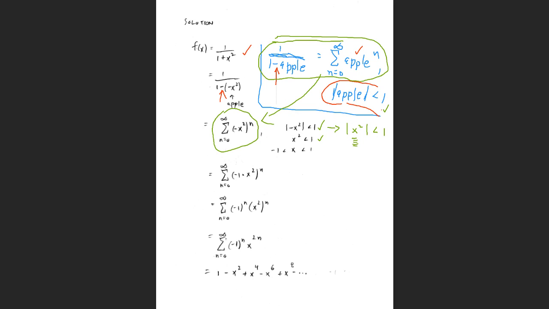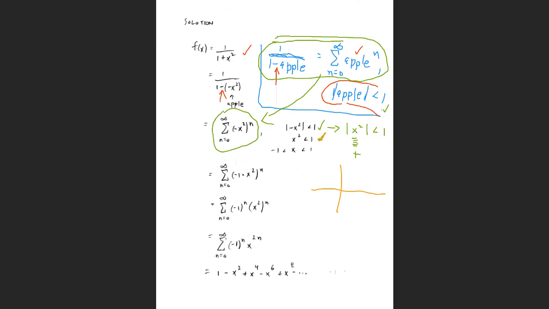Well, x squared is positive for all x, so for the interval of convergence, x squared is less than 1, but x squared would be less than 1 only when x is between negative 1 and 1.